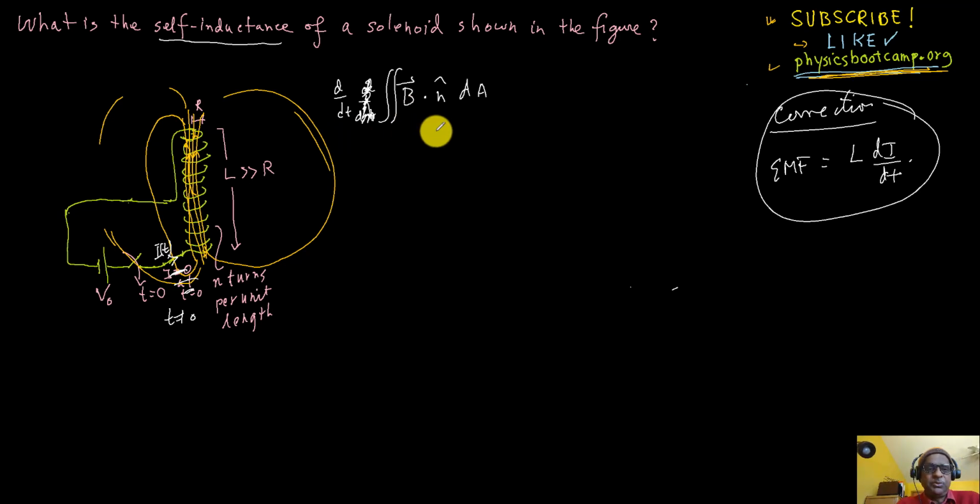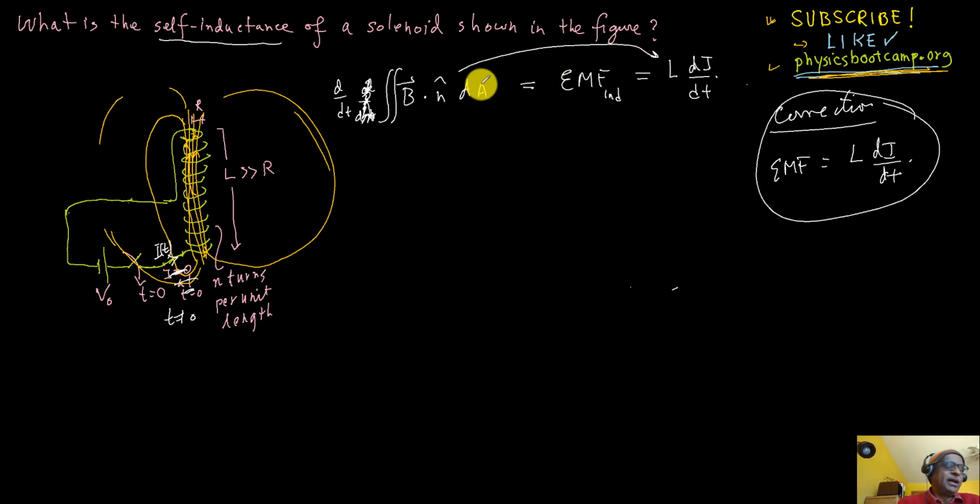All right, so I have B dot n hat dA, and this would be equal to the EMF induced, which I'm trying to write as L di/dt. So if I can do this integral and compare with that, you can get L, right?